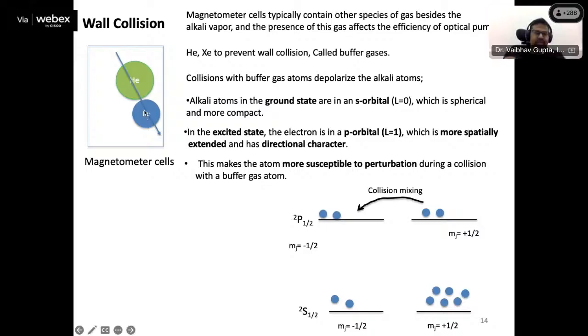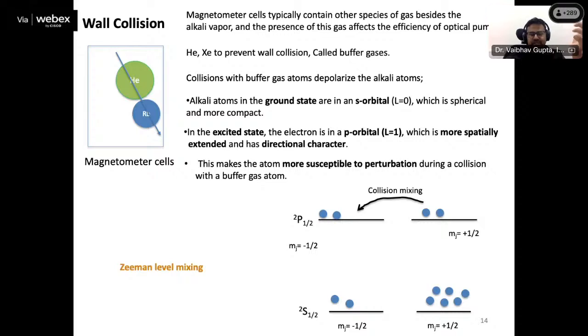So rubidium plus helium, they are both atoms, they mix together and make a molecule. Because now some other rubidium, let's say sitting here or there, can also hit this molecule, the excited state atoms' Zeeman splitting gets perturbed, and then they will also move to this location. And this is called collision mixing.